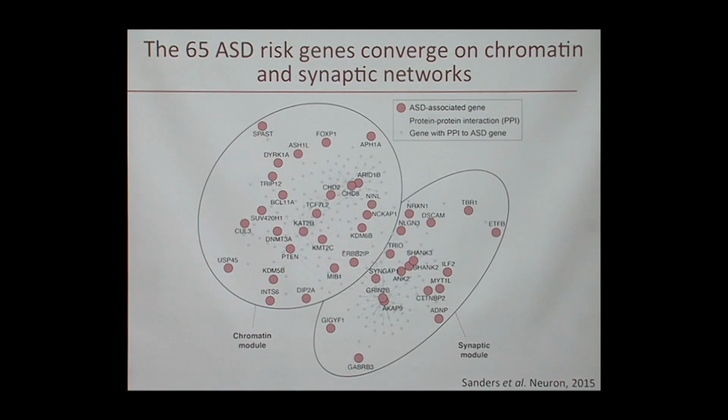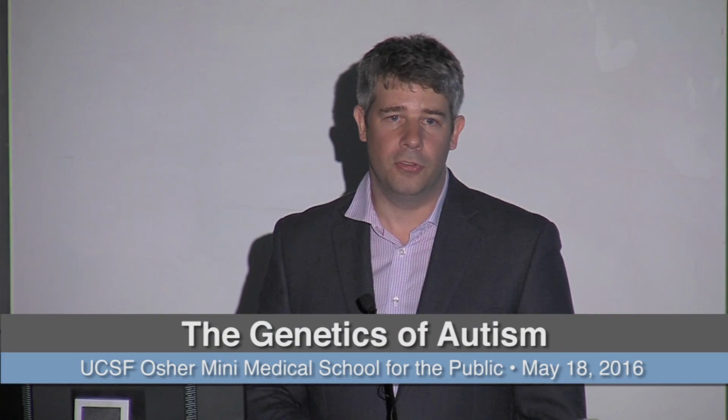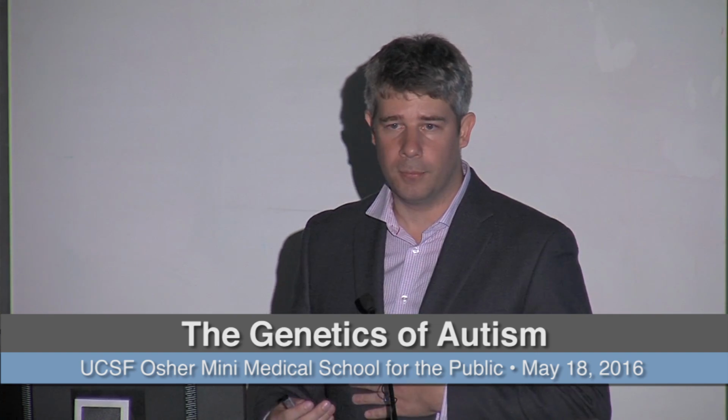So this, I think, is an exciting finding. This has been replicated many times with different ways of finding those genes, and it's something we are now really quite sure about in autism. This module here of chromatin and development was not even thought of before we did these genetic experiments. The synapse was, but this really, really wasn't. So on the face of it, we found a completely new area of biology which we'd not implicated with autism before, and this creates a really great substrate for further research.